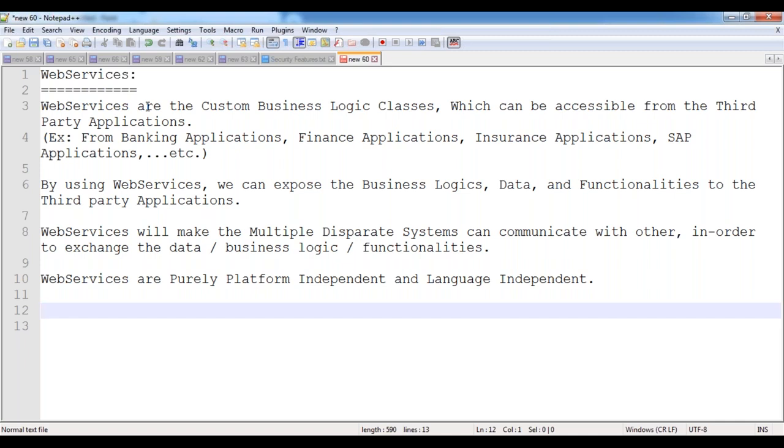Then how can we build these web services here?